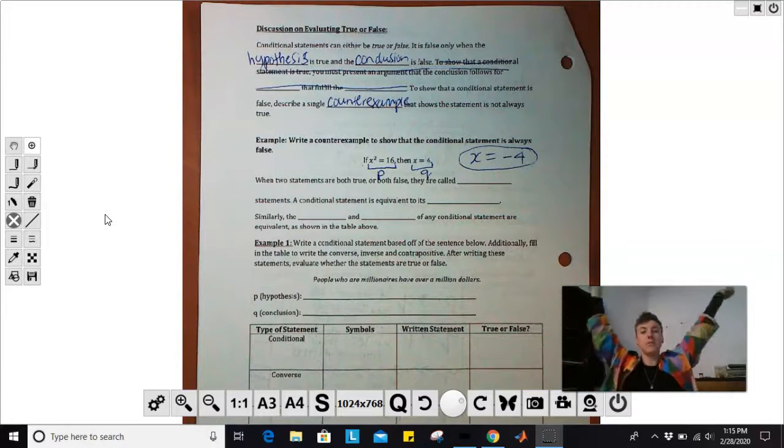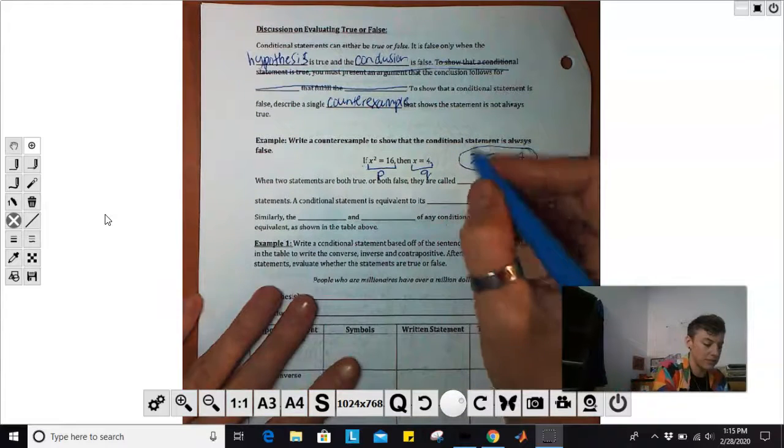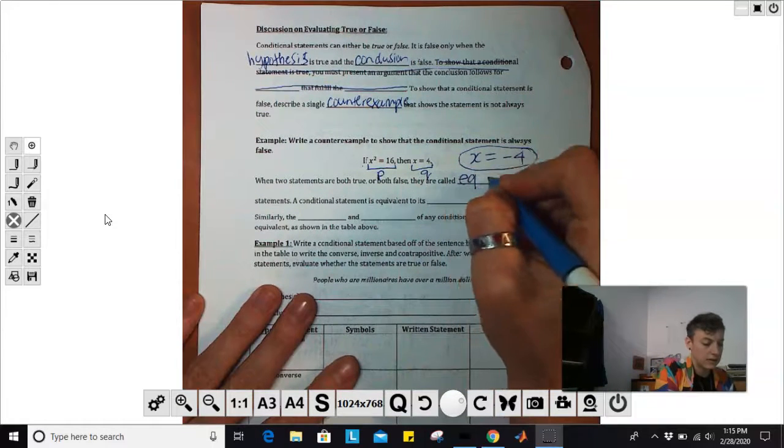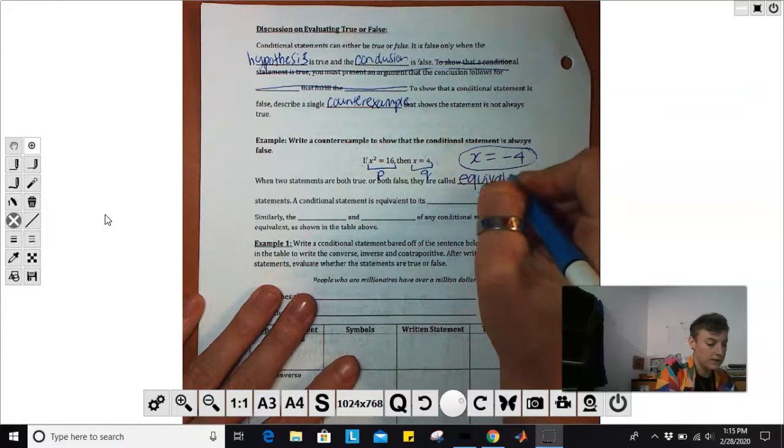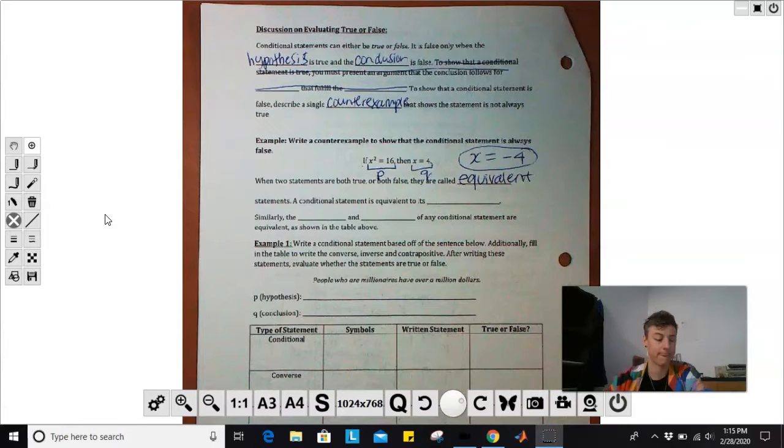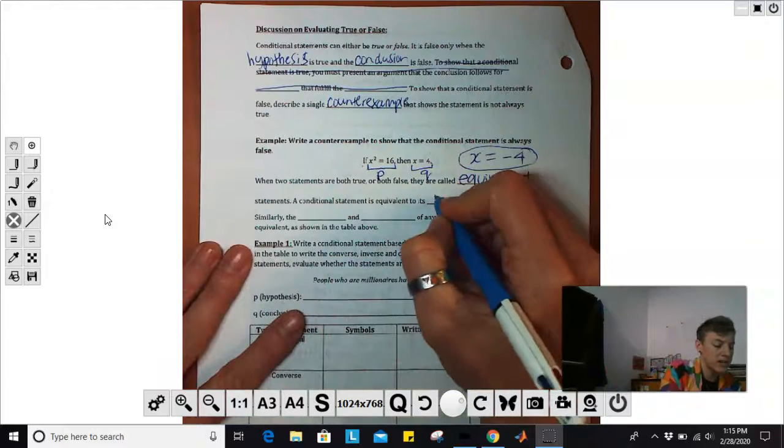All right, when two statements are both true or both false, they're called equivalent statements. Okay, you guys are going to flip back to your front table. The conditional statement was equivalent to what? Because it had the same truth value. Contrapositive. Conditional is equivalent to its contrapositive.